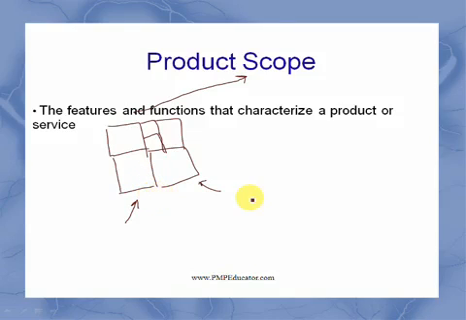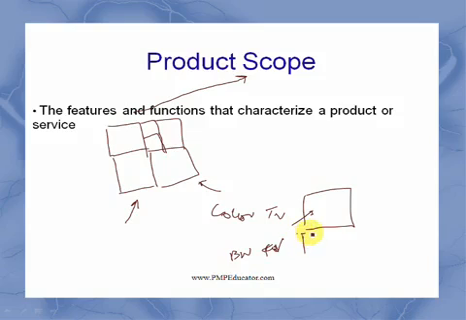of that product. Similarly, if you have a color TV, then that has a certain scope, that it has all the picture, with a certain amount of pixels and colors. And similarly, if you have a black and white TV, that has a different scope.